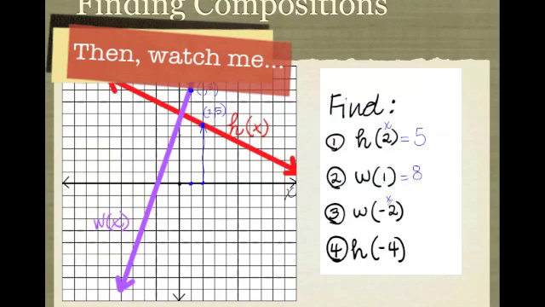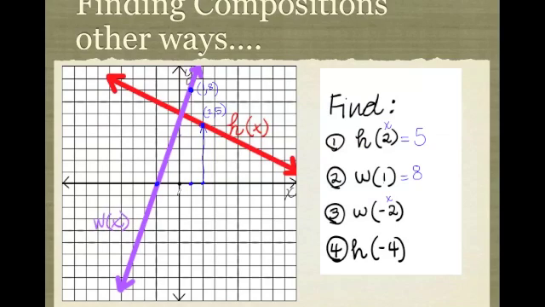Again, remember this is your x value, so I'm going over to the negative 2, and I don't have to go anywhere else because it's crossing the axis there, so that point is negative 2, 0, so my function equals 0 there. h of negative 4, go over to the negative 4 and up, and that point is negative 4, 8. So I know that the value of the function h at negative 4 is 8.